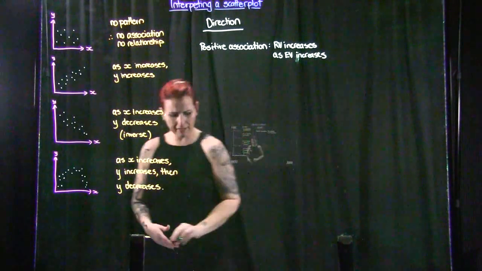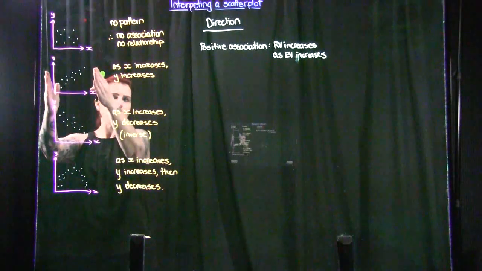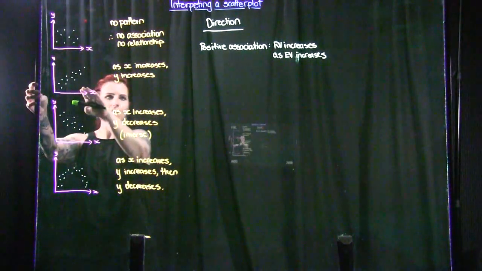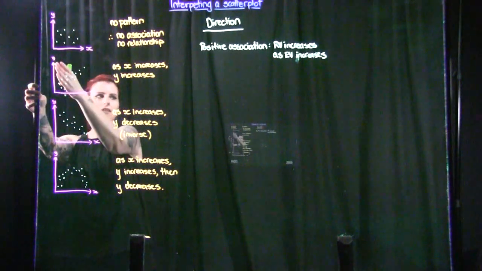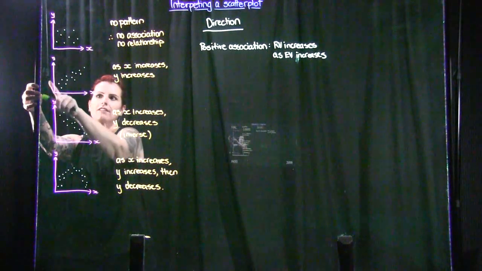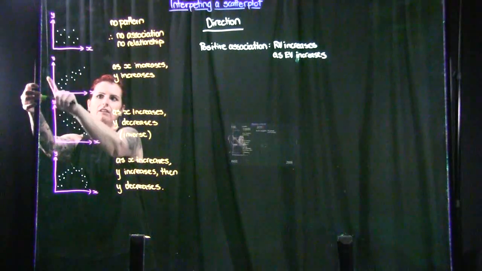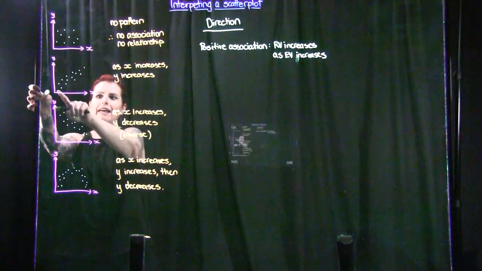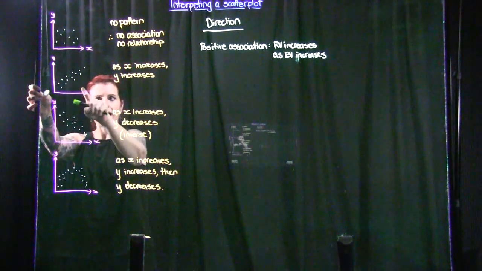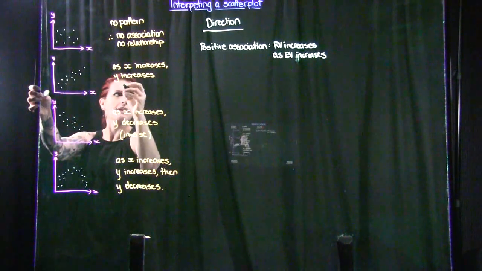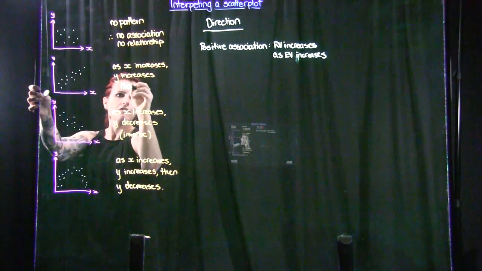Now which one would that be? That would be this one. So as x increases, so does your RV, so your response on your y, your dependent, increases as EV increases. So as we go along here, these increase. So this one here is a positive association.